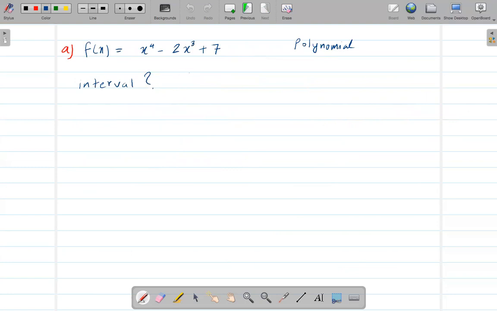So that means the interval is from -infinity to +infinity.